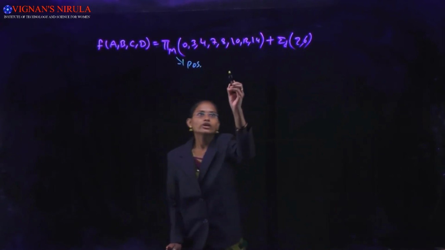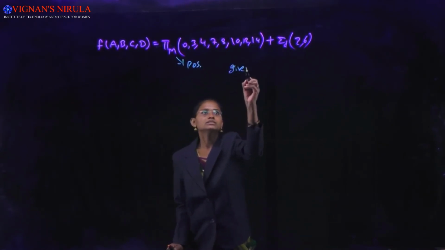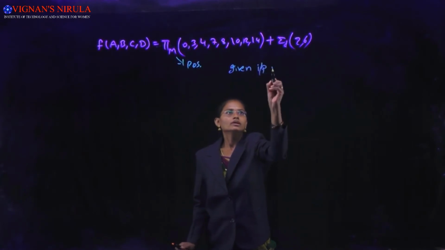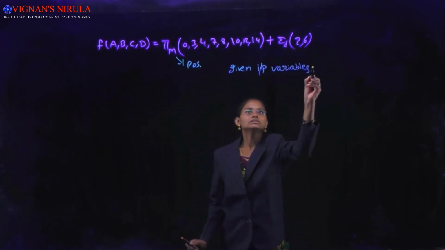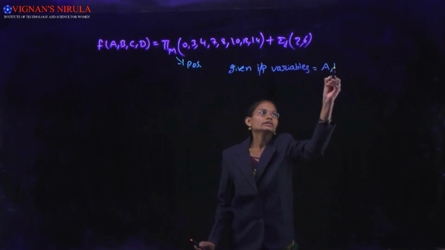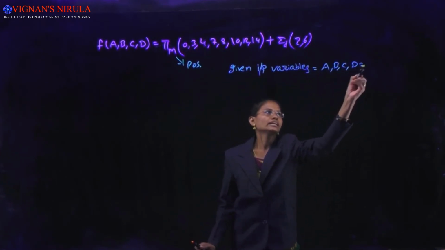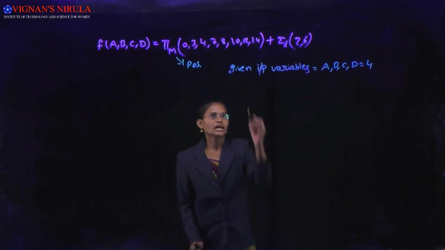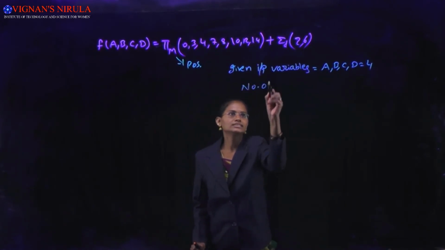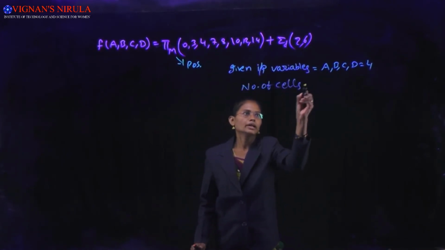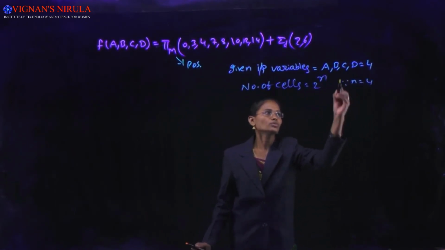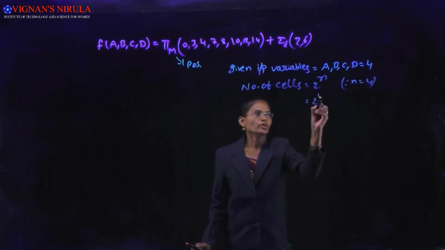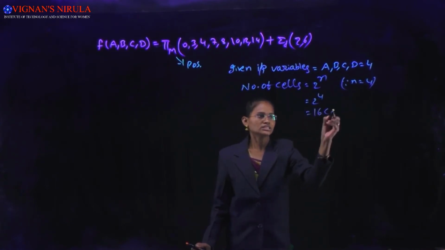First you write down the given input variables. They are A, B, C, D, that is 4 input variables, and we find out the number of cells. Number of cells is equal to 2 power of n. Since n equal to 4, 2 power of 4 is 16 cells.